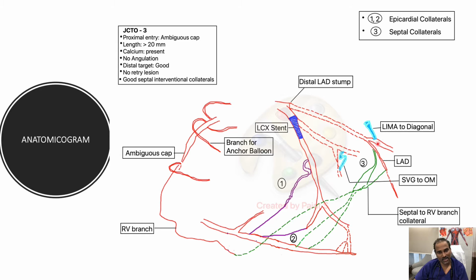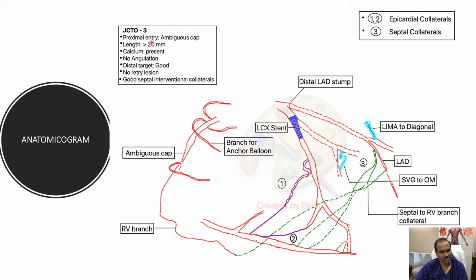This part of LAD is filling from LIMA to LAD, and the proximal LAD is totally occluded, and there is a stent in the distal LCX, through which we have to access the epicardial collateral.